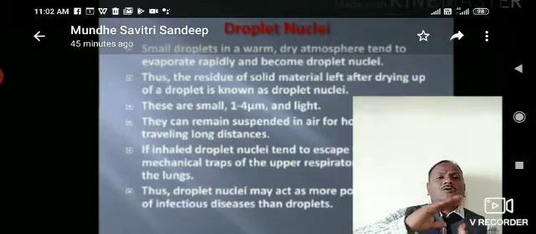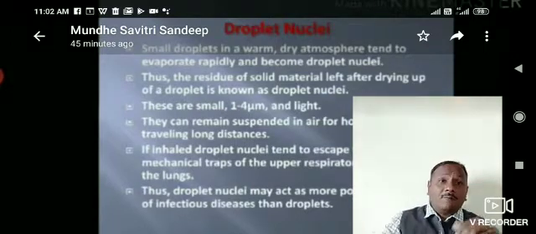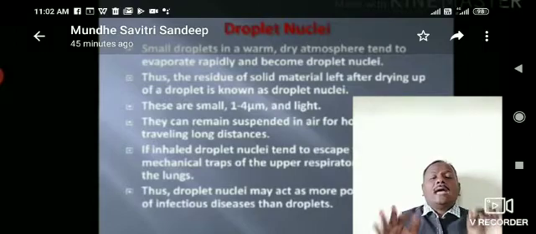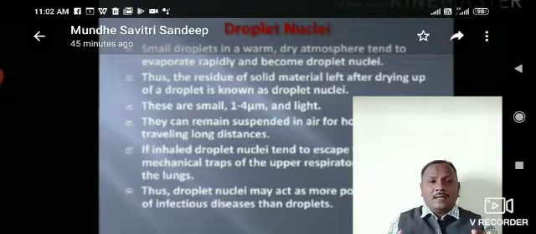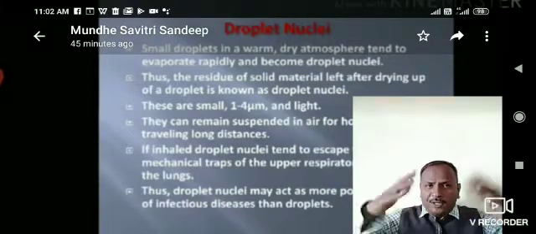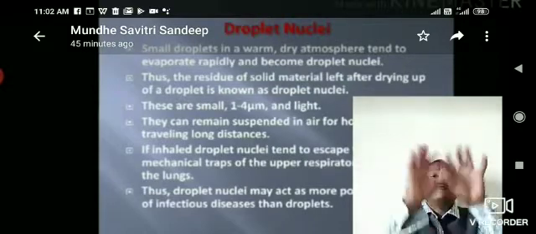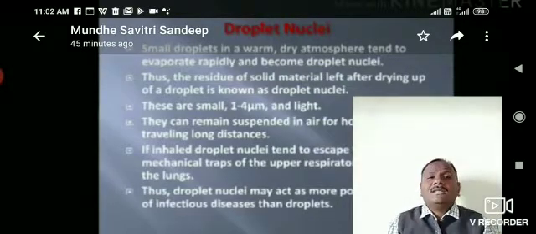Thus, the residue of solid material left after drying up of a droplet is known as droplet nuclei. It means whatever remains after evaporation of water from the droplet is the droplet nuclei.